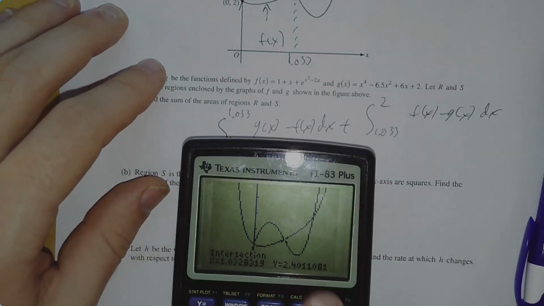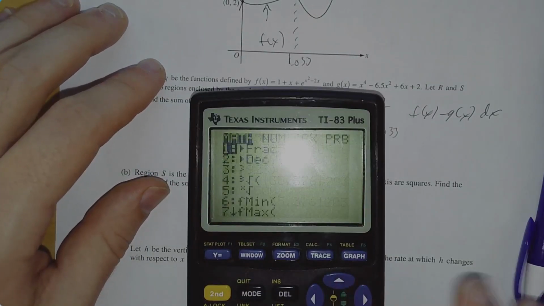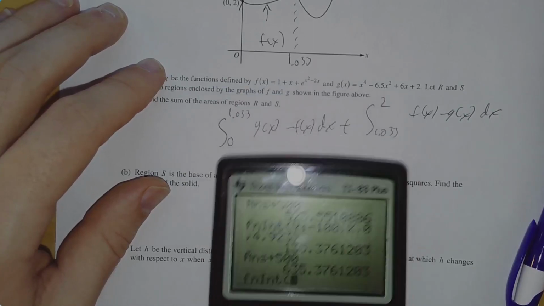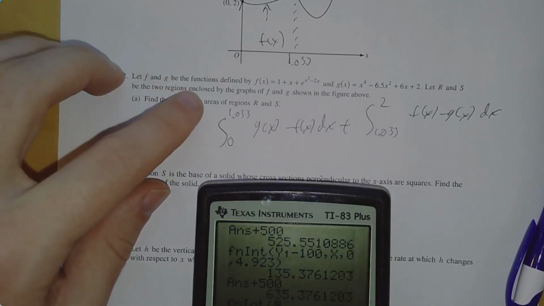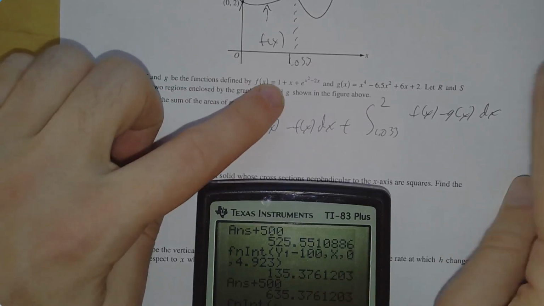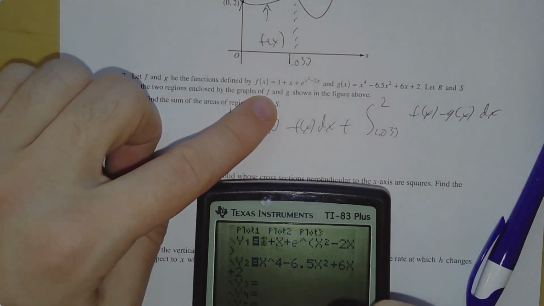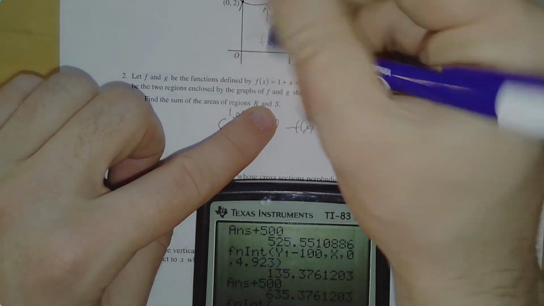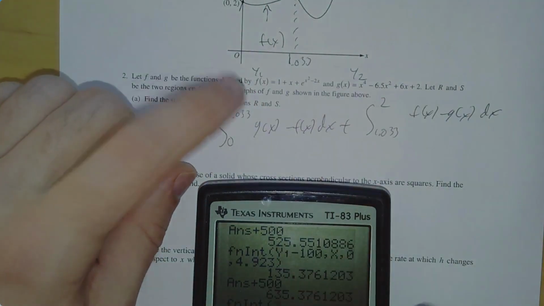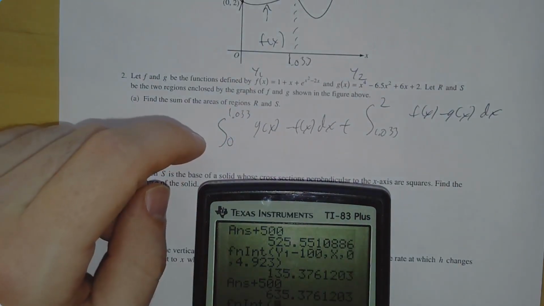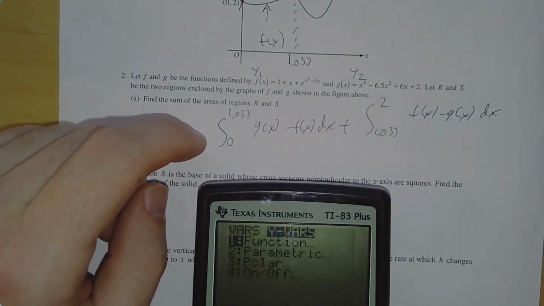So we're gonna go math 9. For the first one, I gotta make sure I know which one's which. So my y1 is the f of x, right? I'm just gonna label this for my sake. I'm gonna keep writing f of x and g of x here, but in my calculator I gotta know which one's which. So it's gonna be y1.